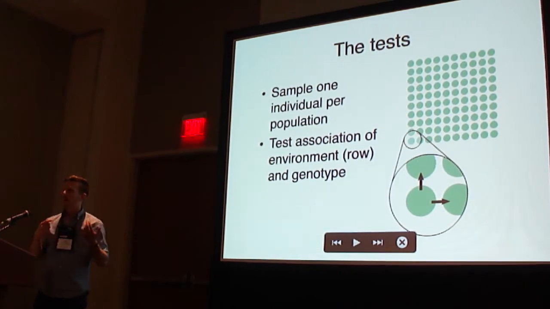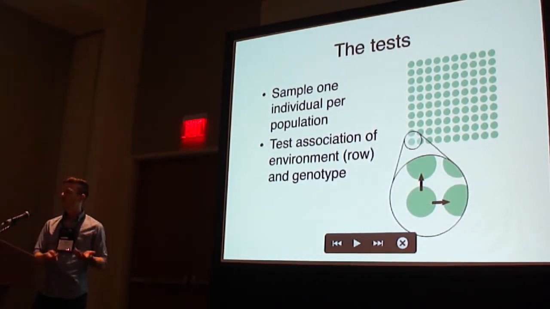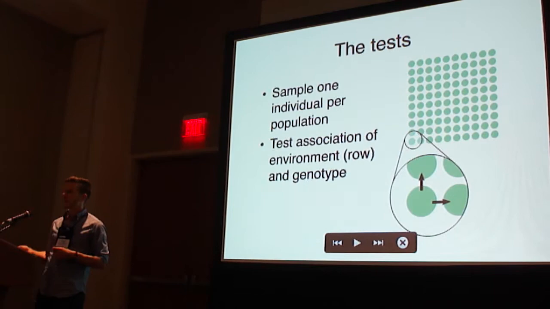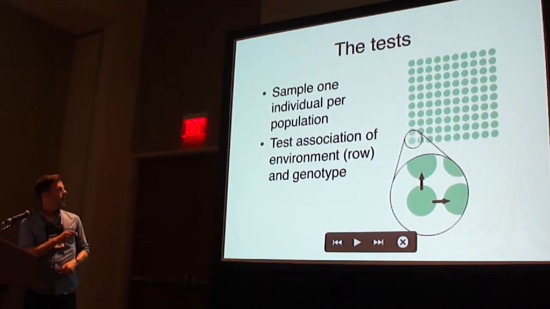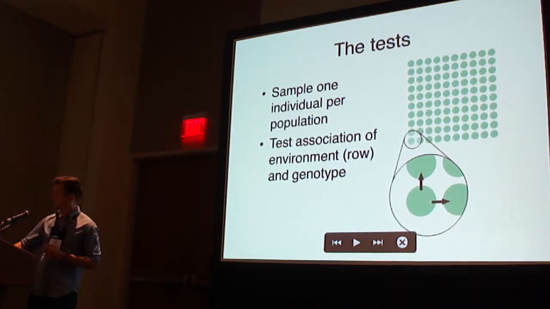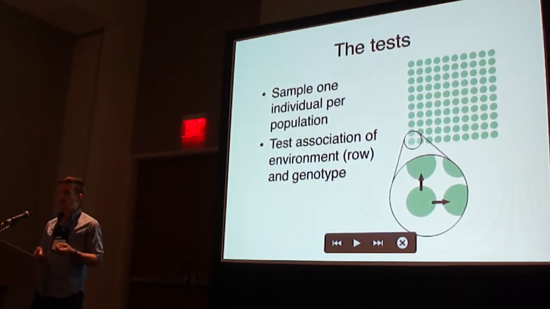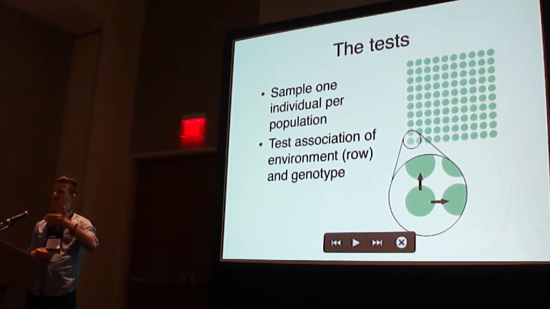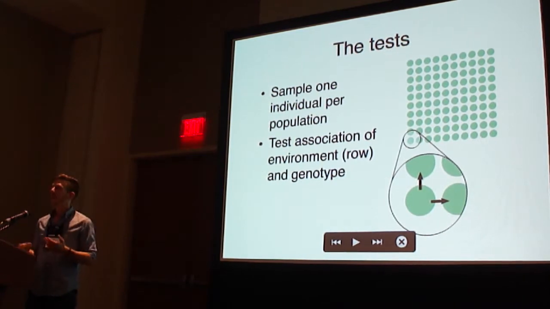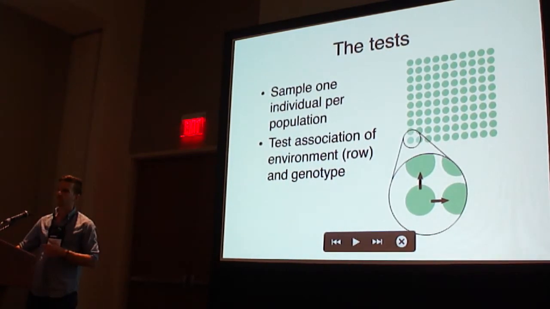And then I sampled one individual per population, and I tested for an association of environment, or actually the row number, and genotype in that sample. And I did also play around with different sampling schemes, drawing just 50 random individuals from the north half of the array and 50 from the southern half. I again got similar results to what you'll see.